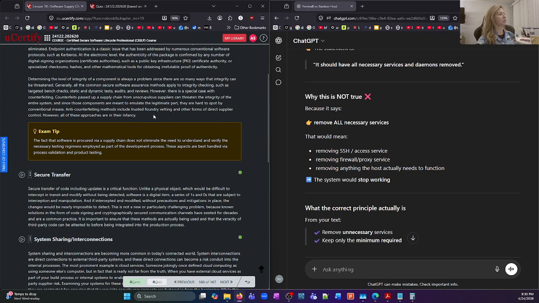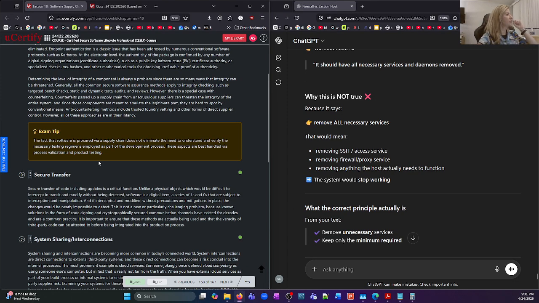Anti-counterfeiting methods include trusted foundry, vetting, and other forms of direct supplier control.